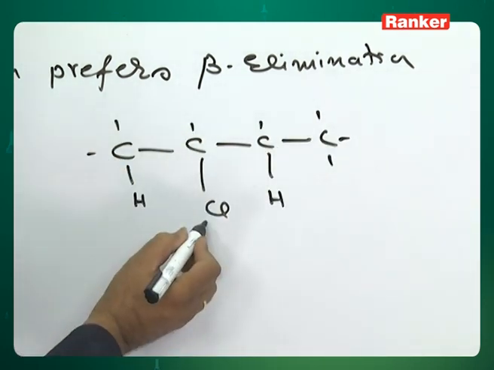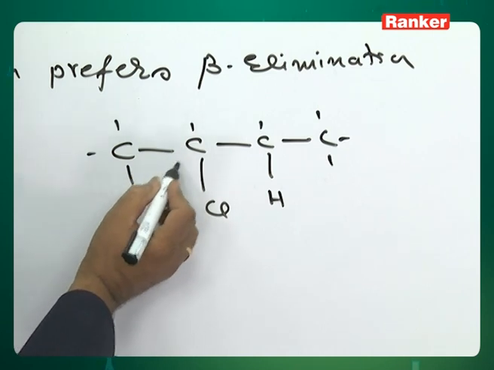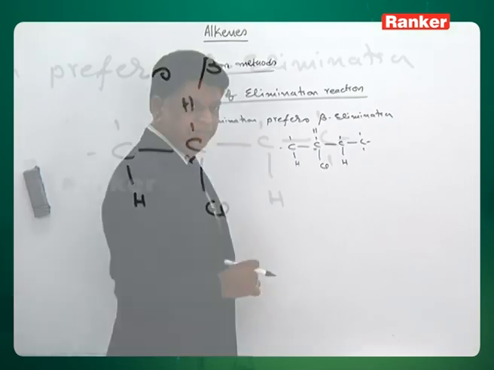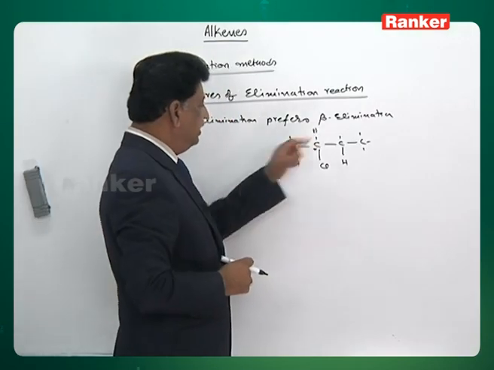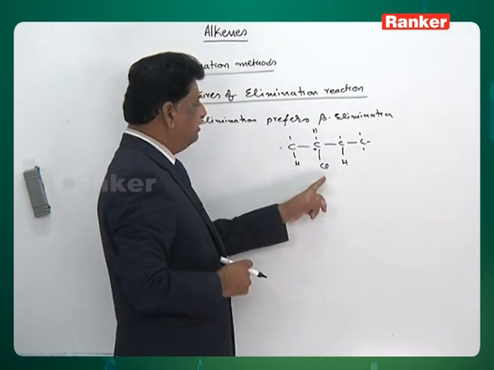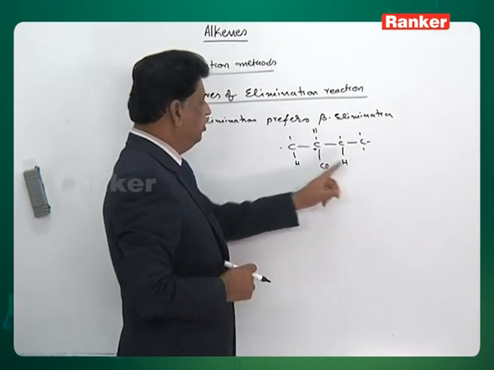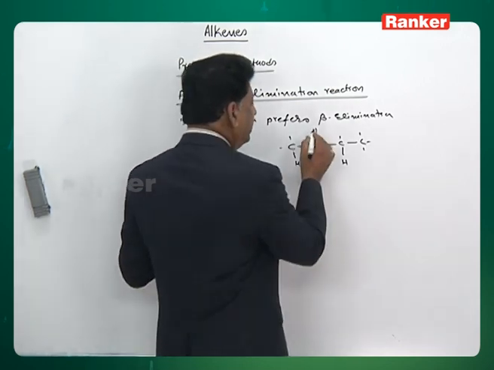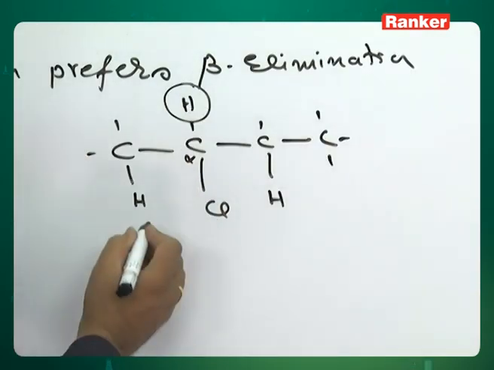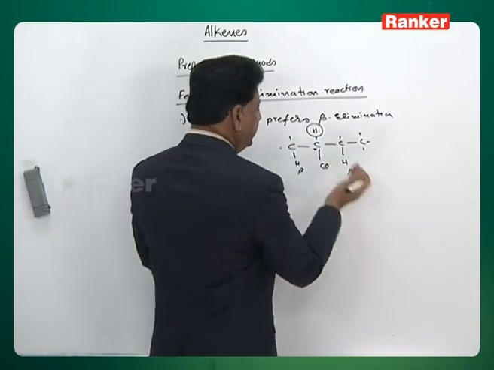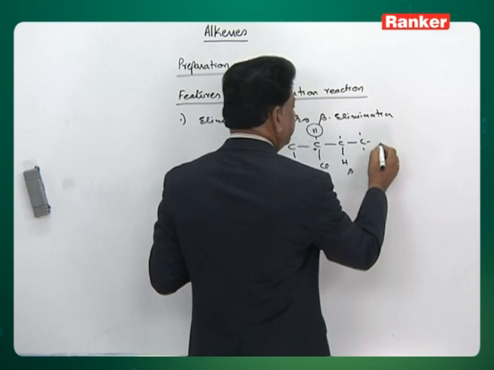So, now with reference to the halogen, this carbon is called alpha, and even on alpha we also have a hydrogen, right. So, whether this hydrogen or the side hydrogen, it always prefers a side hydrogen only, this side or that side hydrogen will be taken. So, not this particular hydrogen, these two are called beta hydrogens. So, either this side or that side beta hydrogen will be taken.